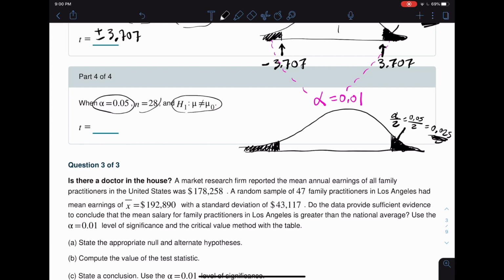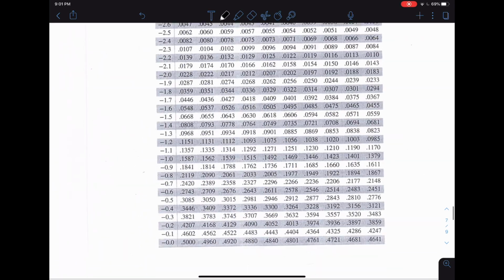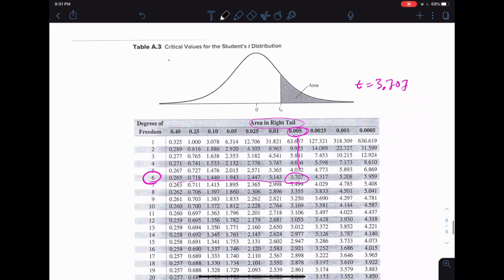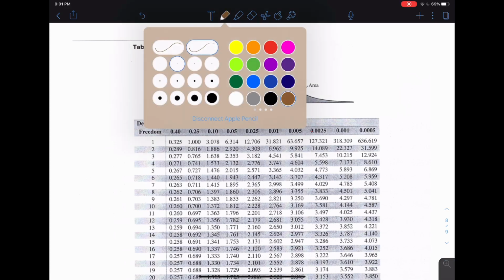Degrees of freedom is going to be one less than the sample size, so degrees of freedom is 27. I'm looking up an area of 0.025 right here. Haven't used brown in a long time.